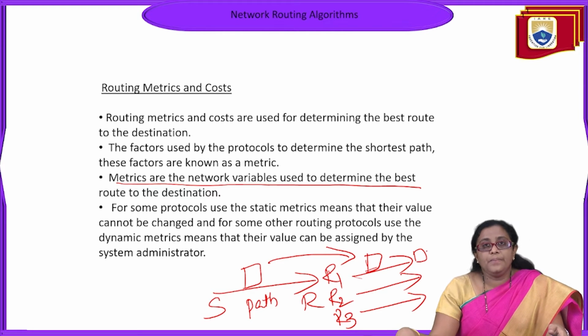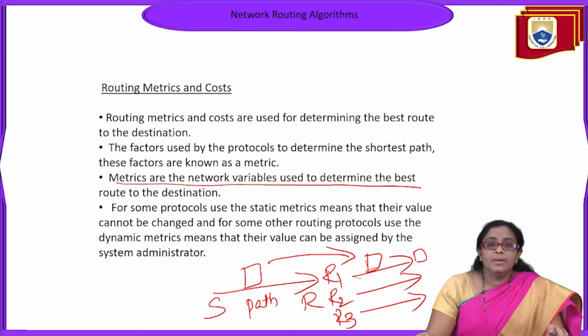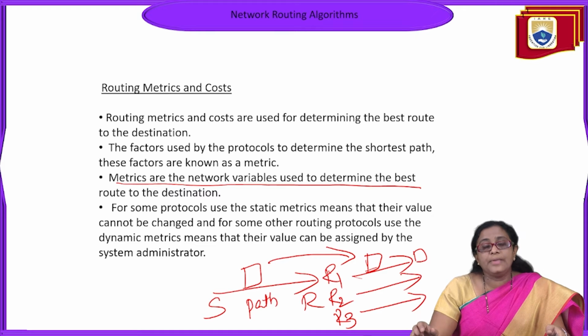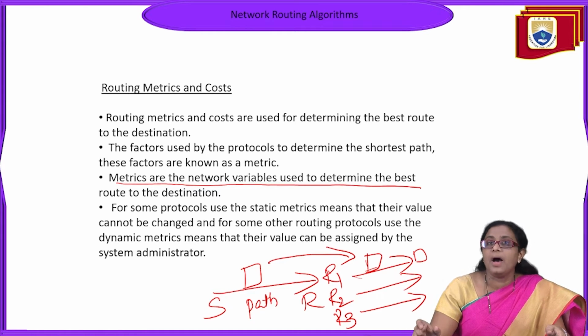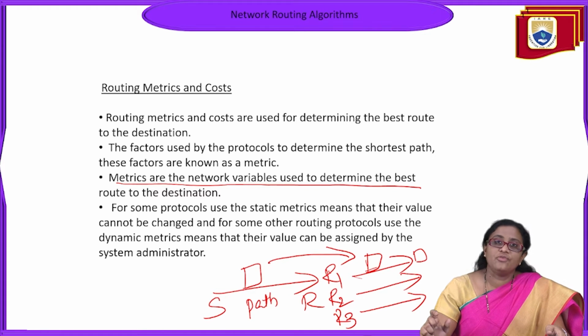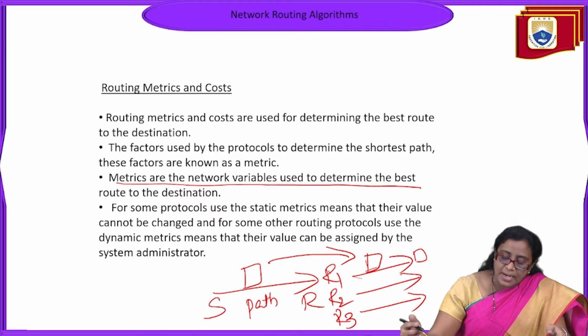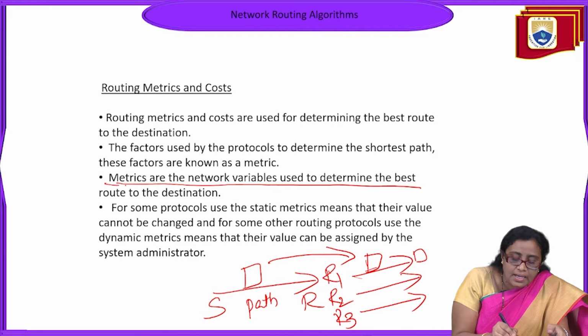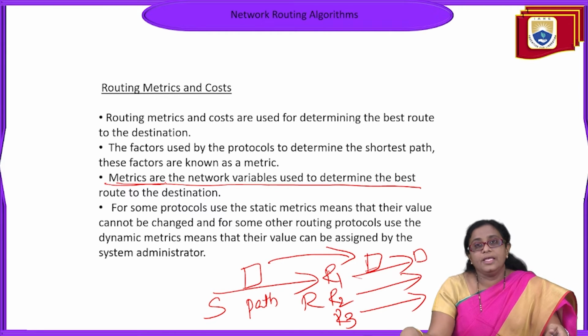That is identified in advance by means of a router: which path is better, which path is the shortest to forward from one node to another node. This is the main use of metrics under the network layer.